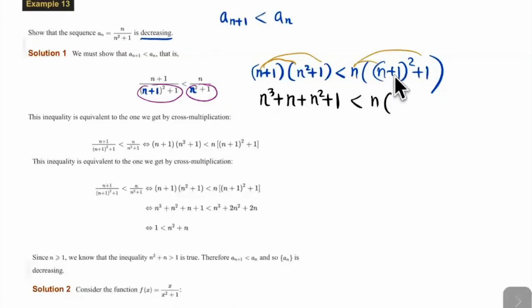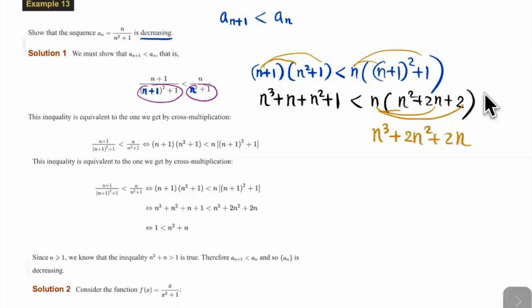So what would this be? n squared plus 2n plus 1, plus 1 plus 1, so that will be plus 2, right? Do we distribute over here? Yeah, distribute. So you get n cubed plus 2n squared plus 2n. On this side, you get n cubed plus n squared plus 1.